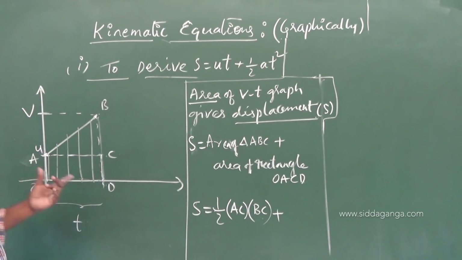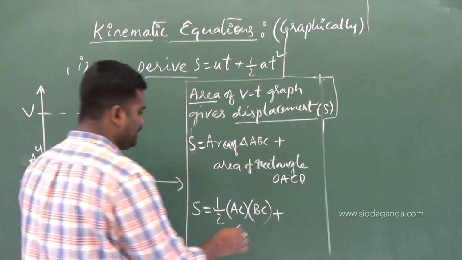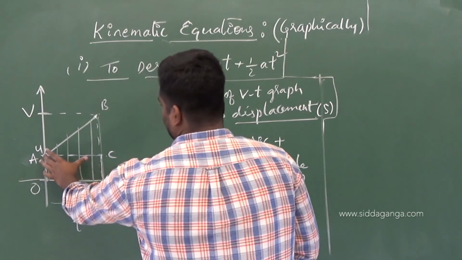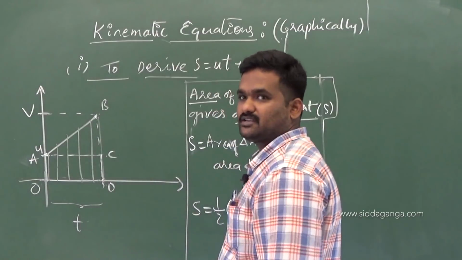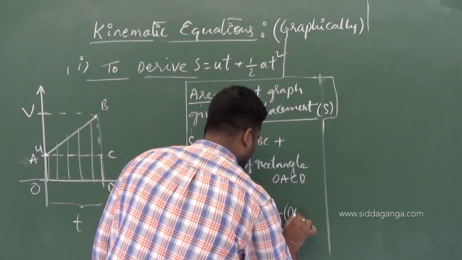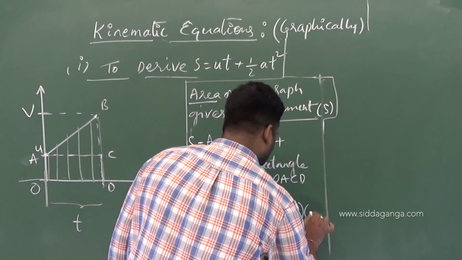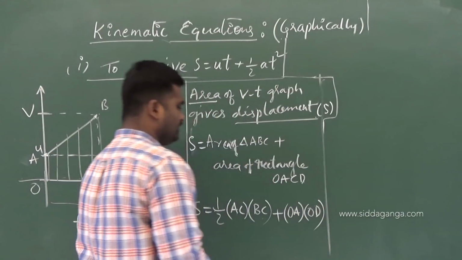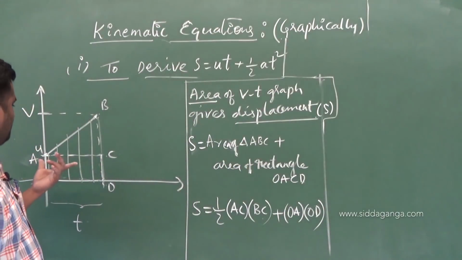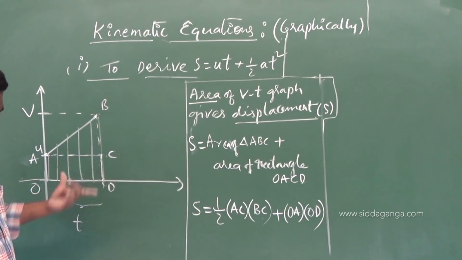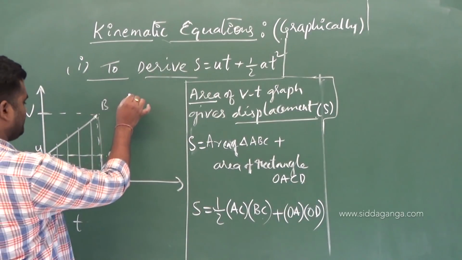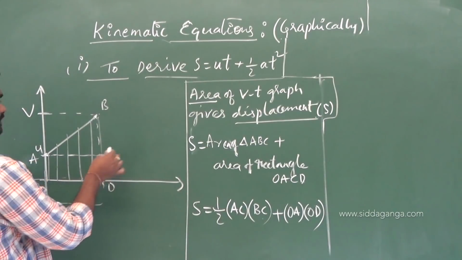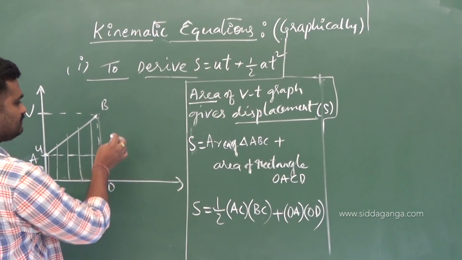OA into OD, or you can also write AC into CD, anything you can mention. Now look at the lengths we are having here. See, what is AC here? AC or OD, anything, it will be equal to how much, tell me?